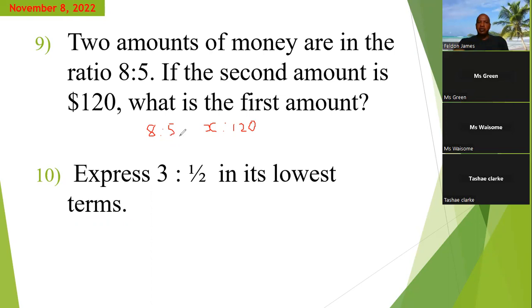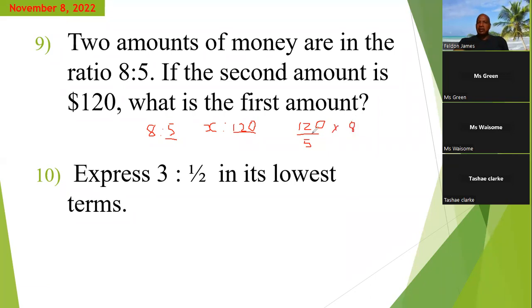So it's supposed to be in this way. We would use the 5 to divide the 120 and then we times it by the 8. So it should be 120 divided by 5 times 8.